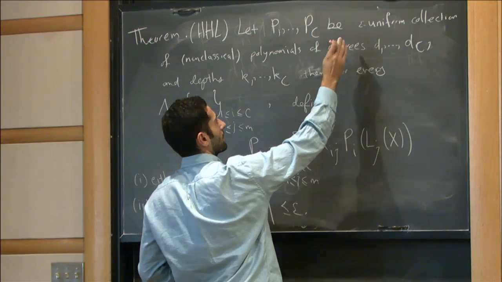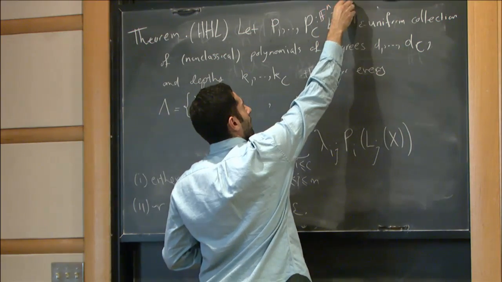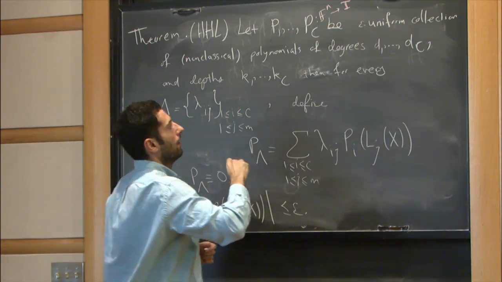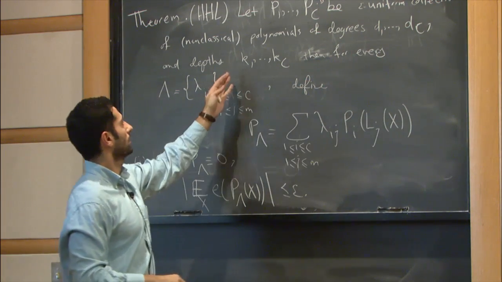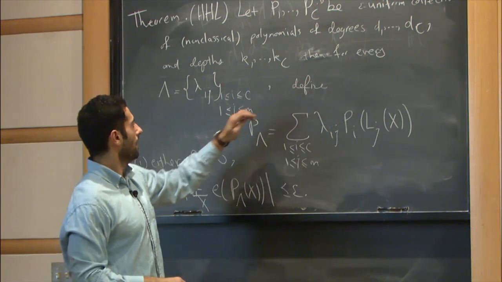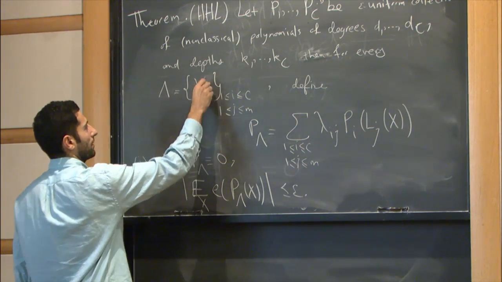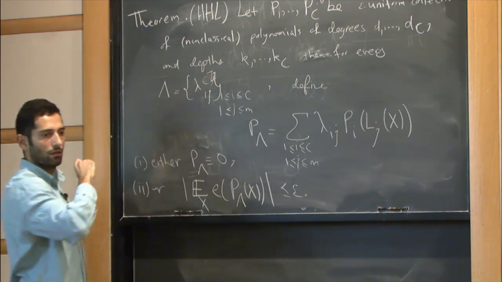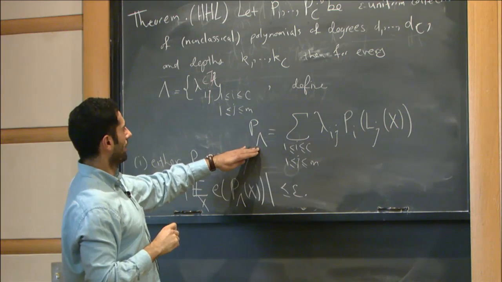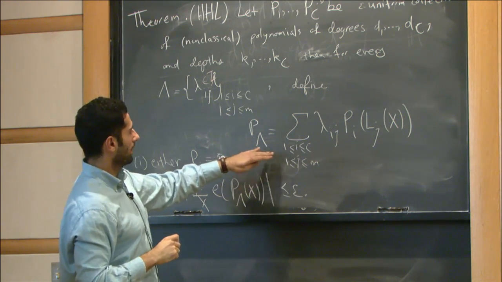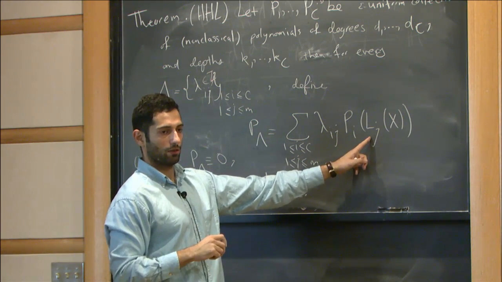So we want to show that for any collection of polynomials, which we now think of as non-classical polynomials, that are epsilon uniform of degrees d1 up to dC and depths k1 up to kC, then for any possible integer-valued linear combination of them, I define P sub lambda to be the linear combination of your polynomials applied to a collection of linear forms.